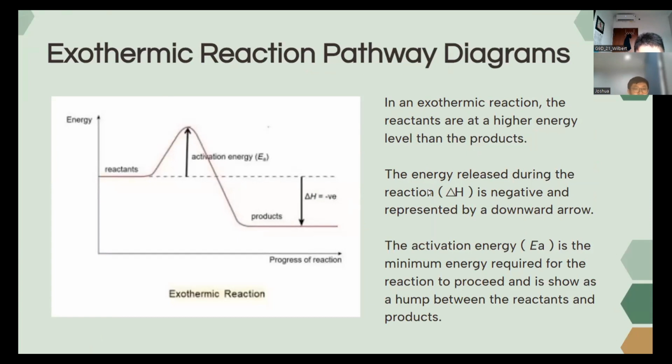The energy released during the reaction, enthalpy change of heat, is negative and represented by a downward arrow between the lines, and the activation energy is the minimum energy required for the reaction to proceed and is shown as a hump on top of the line between the reactants and the products. So it is between the reactants and products.